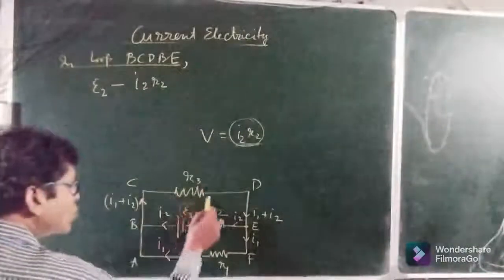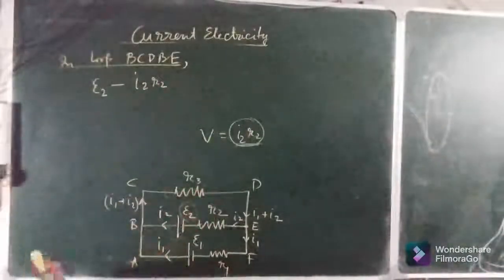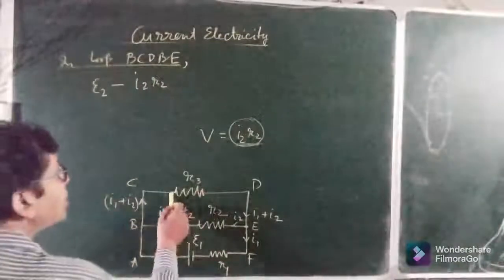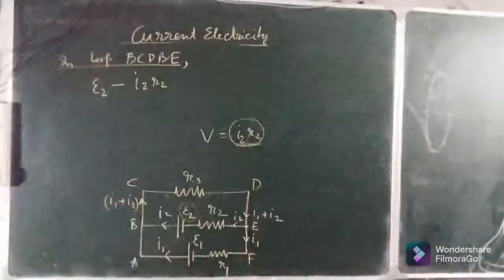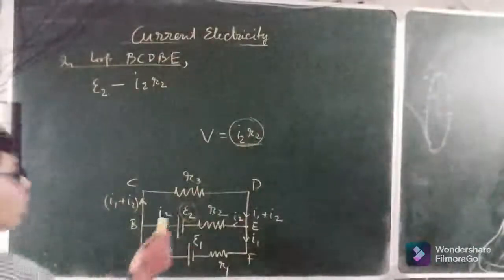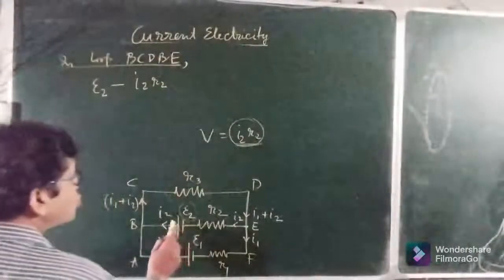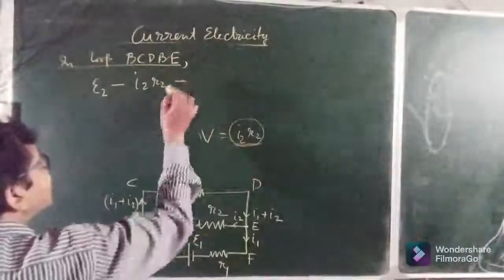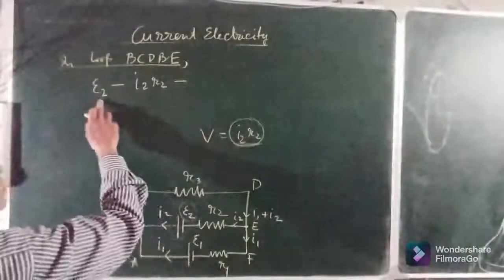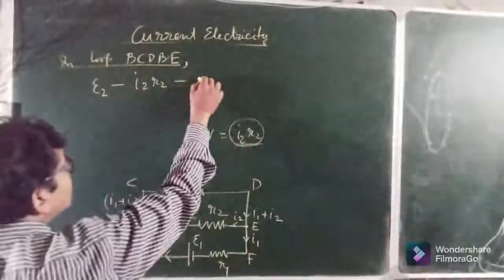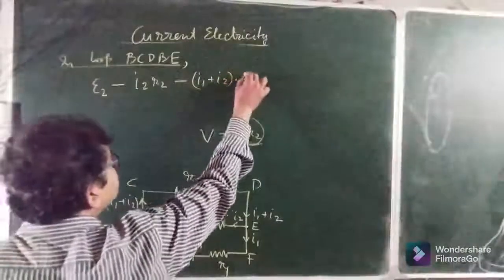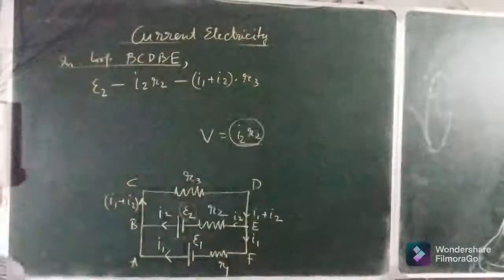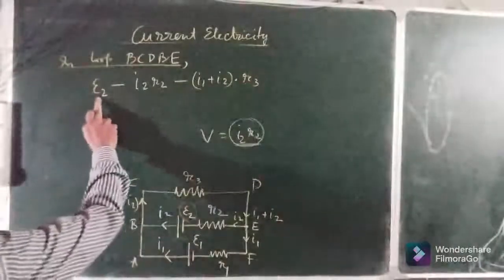That means here also some charge gets used up by this resistance, so that energy also is being lost by this source. So that product will also be reduced from this source. So here (I1 plus I2) into R3.